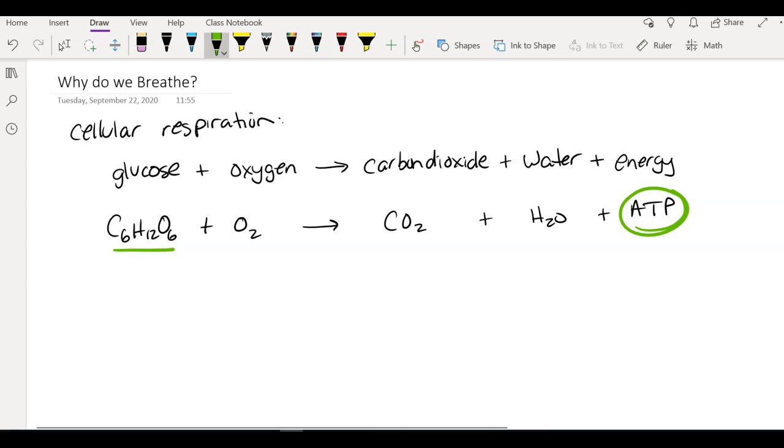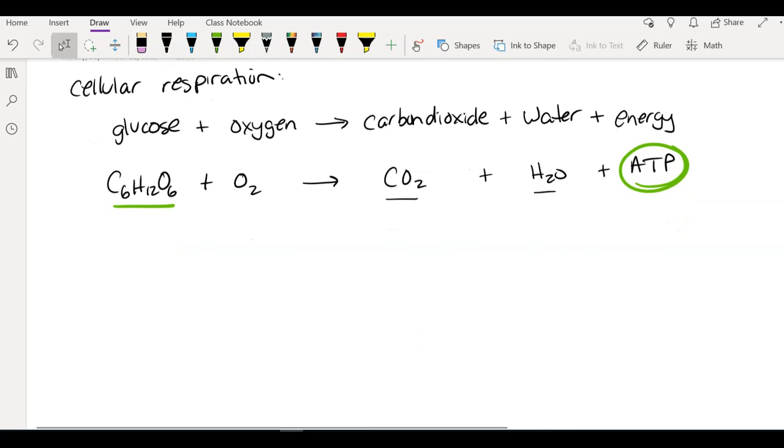Okay, well, in the process of doing that, we're going to produce CO2 and water. So let's see what happens when CO2 and water hang out together. Here's CO2 and water, and when they combine, they form H2CO3, which is carbonic acid.